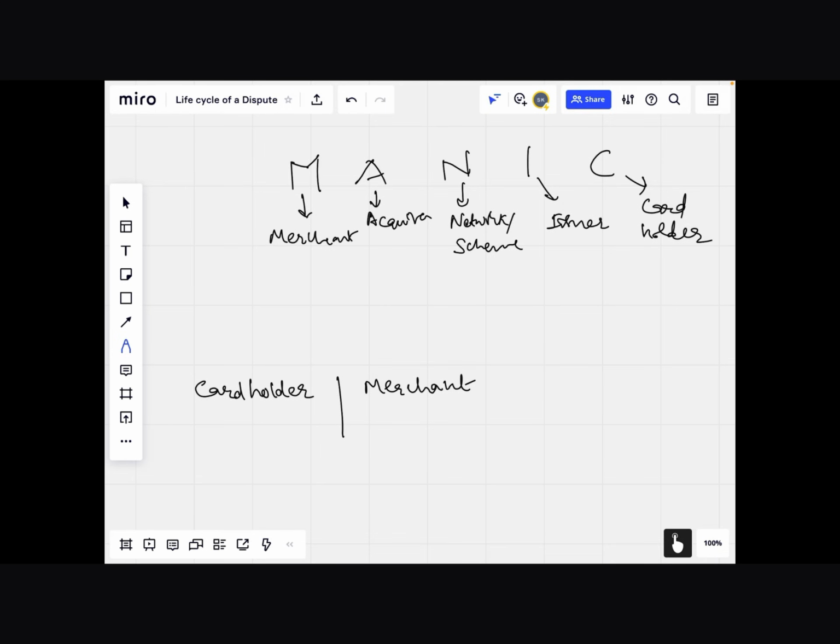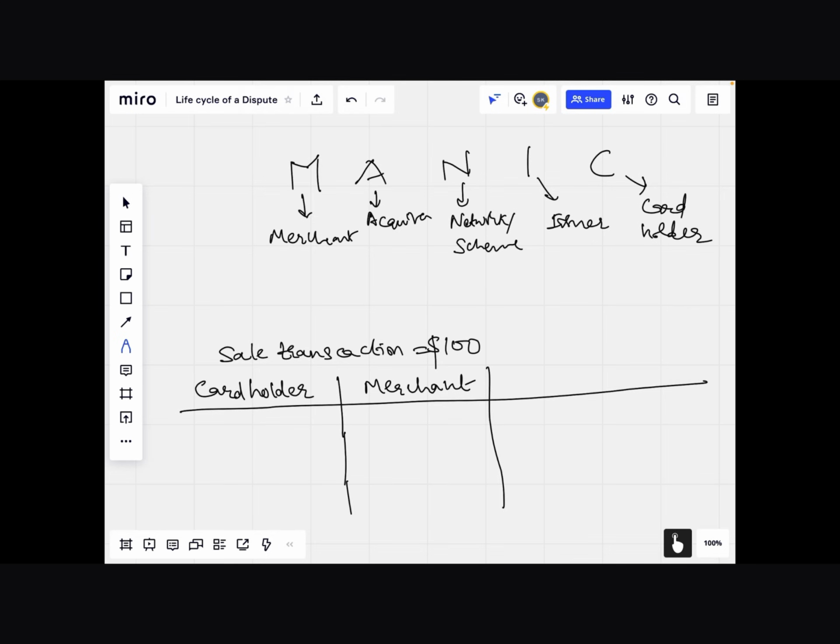Let's say there was a sale transaction that happened, and the amount of the transaction was $100. Now let's see how the money movement actually happens with each different dispute stage. And I will mention the dispute stage over here so we understand what's happening.